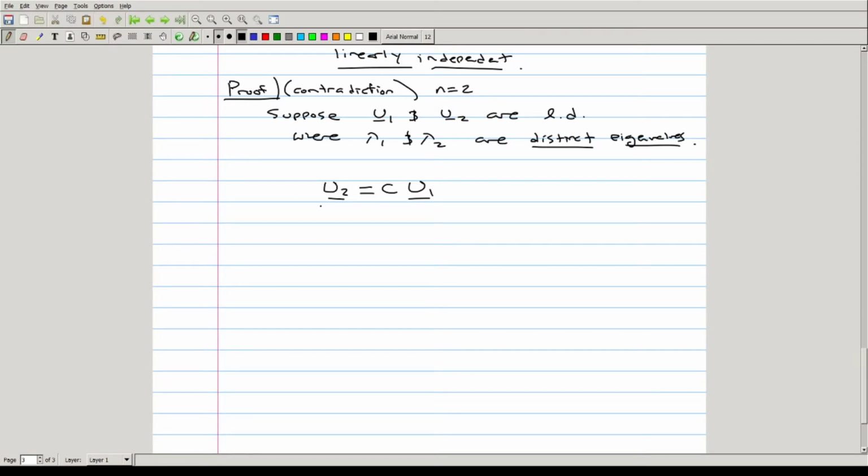In which case, we can multiply both sides of this equation by the matrix A, and apply the eigenvector relationships for the eigenpairs, lambda 1 u1, lambda 2 u2, to get lambda 2 times u2 equals c times lambda 1 u1.